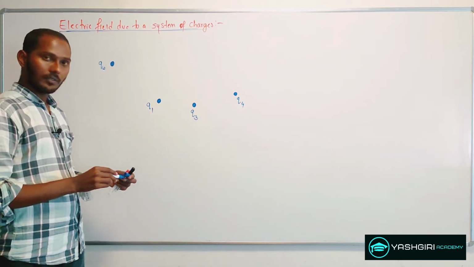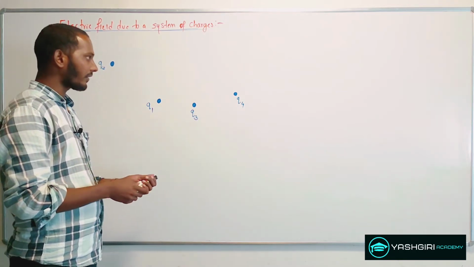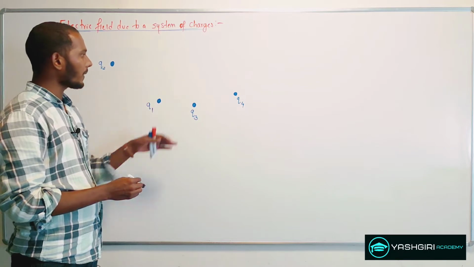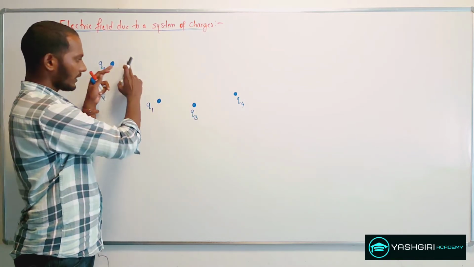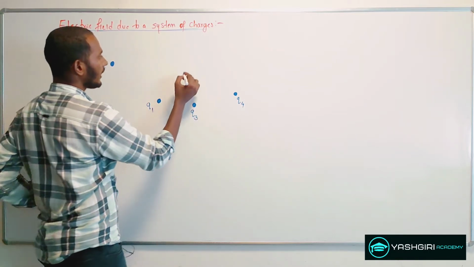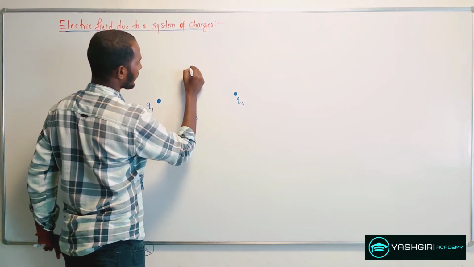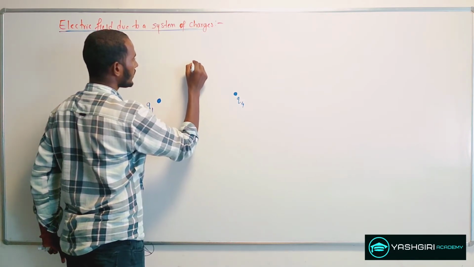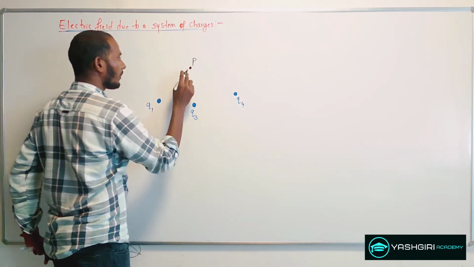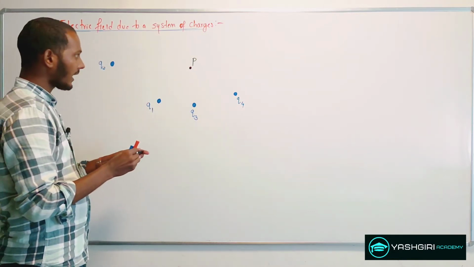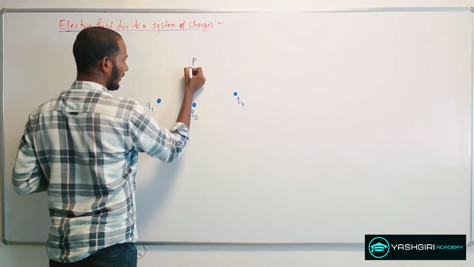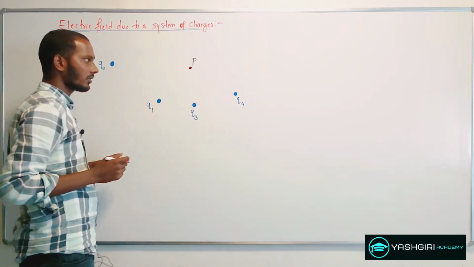Now here we are interested in measuring the strength of the electric field at any point in space due to these 4 charges. So here let me choose a point P somewhere here. So this is the point where I'm going to measure the strength of my electric field due to these charges.